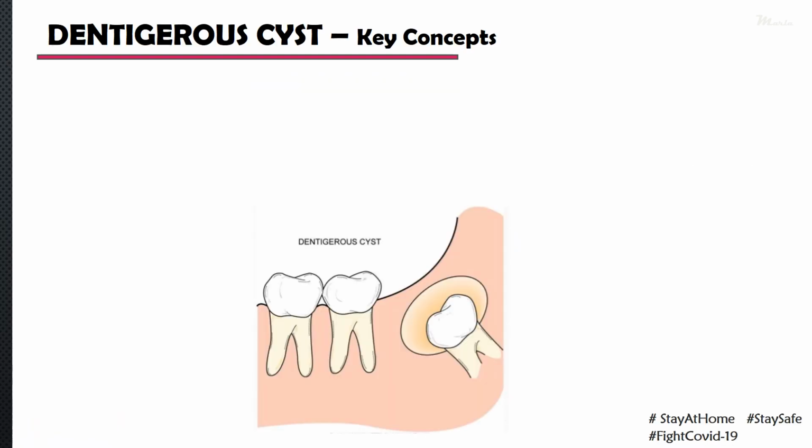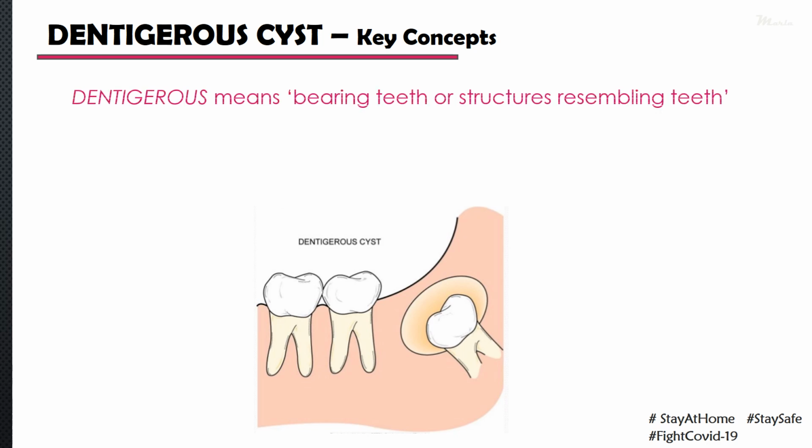So, to begin with dentigerous cyst, let us understand some key concepts. The term dentigerous means bearing teeth or structures resembling teeth.